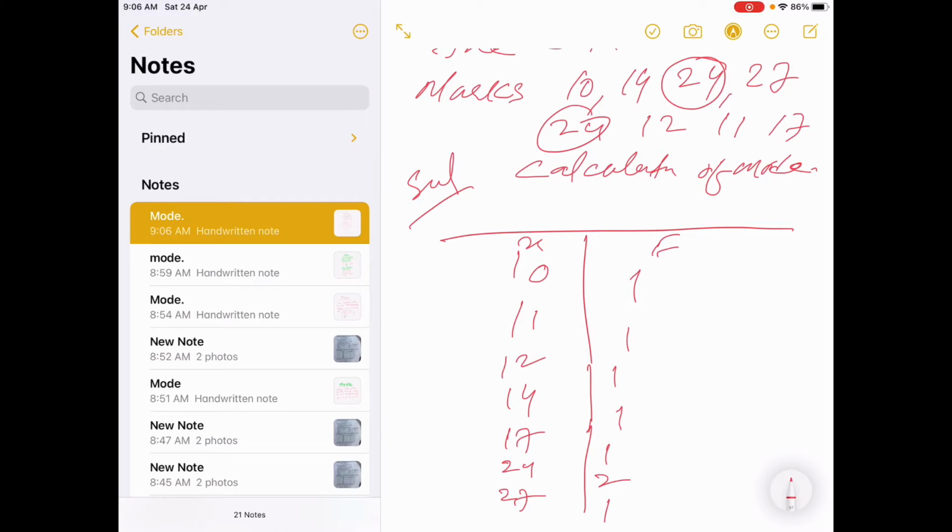So you can see the variate which occurs maximum times is 24. Very true, you are right. So mode is equal to 24 marks.